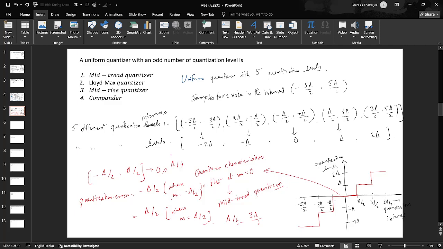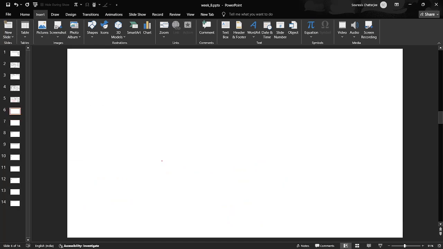You need second order statistics or the behavior at a high level, like on average what amount of quantization error we are going to encounter. These are the things we are interested in, because analyzing each individual error comes with a lot of overhead. So we always try to analyze the statistics of that error. Let us see how we can compute that.